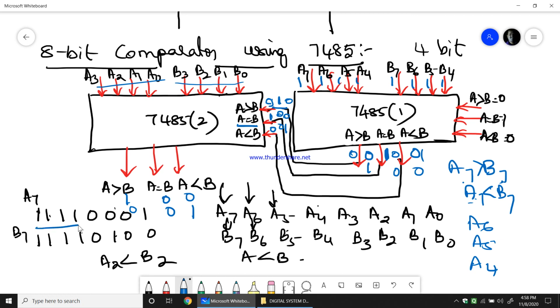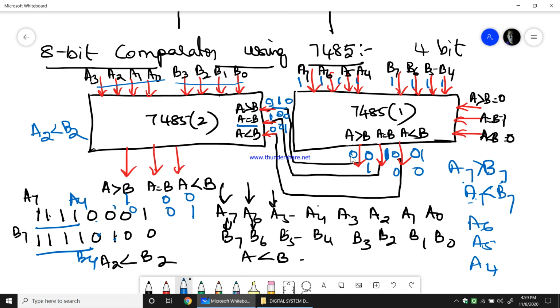For example, if these MSBs A7 to A4 and B7 to B4 are all equal, therefore A equals B will go high. Then it will start comparing A3 and B3, then A2 and B2. Based on that, it will give A2 is less than B2. Then finally, it will not compare A1 and A0. Directly it says A less than B. Okay. So this is how the comparison is done to get an 8-bit comparator using 7485.